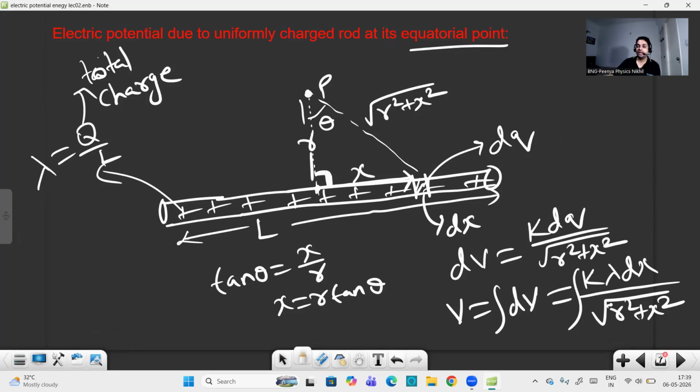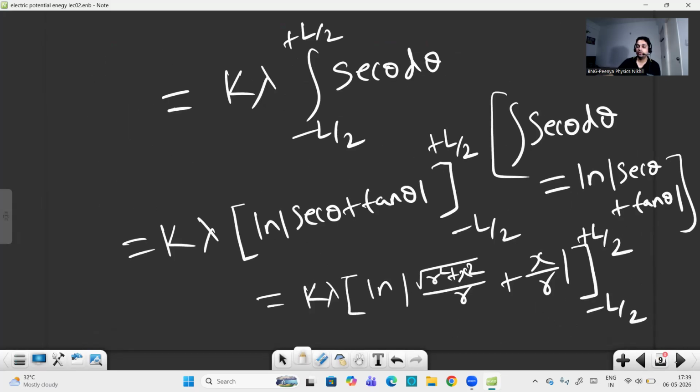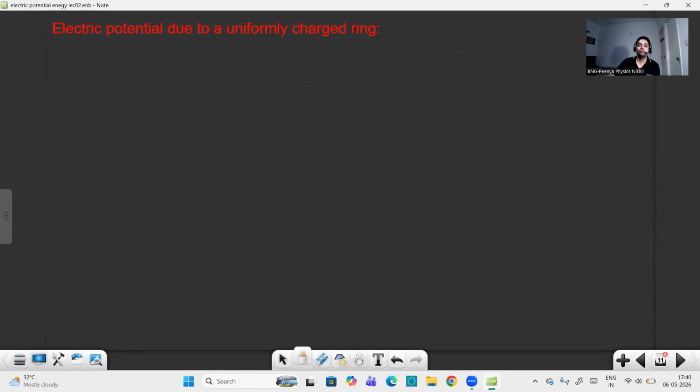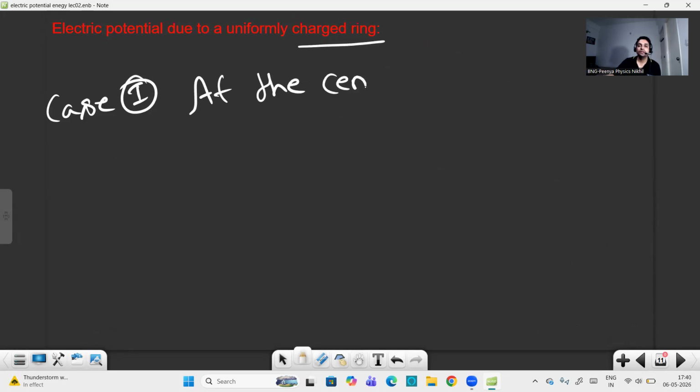So next we will discuss one more case, electric potential due to a uniformly charged ring. First, case 1, at the center of the ring.